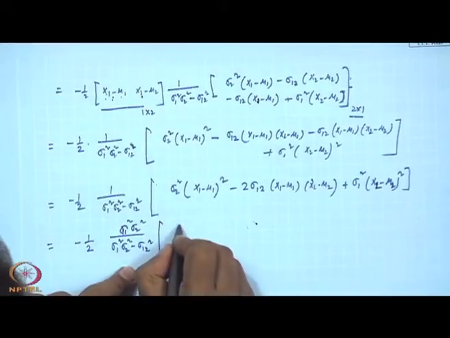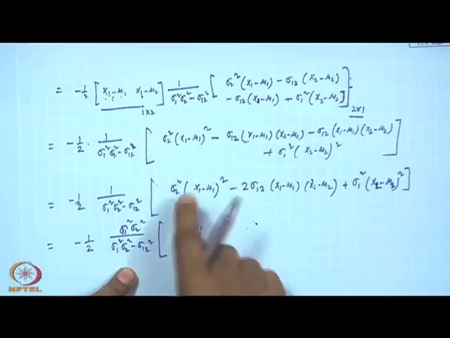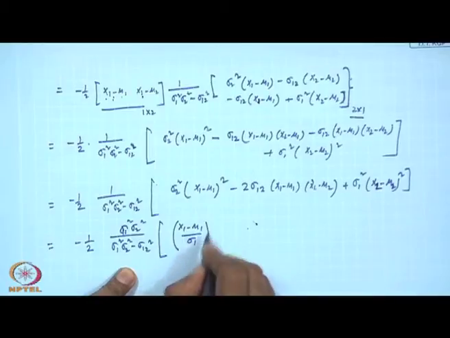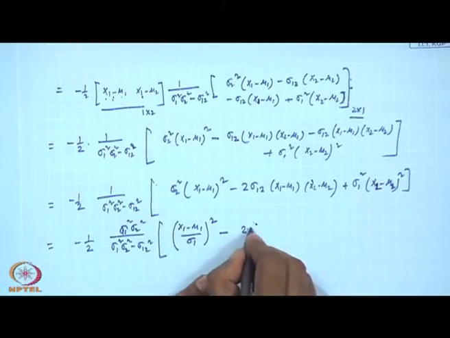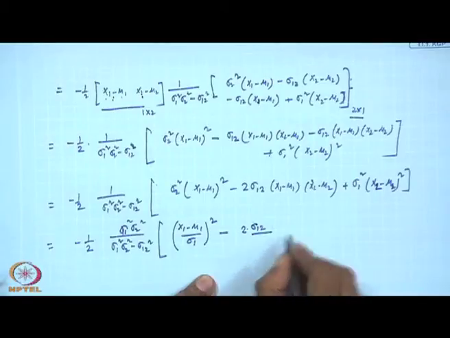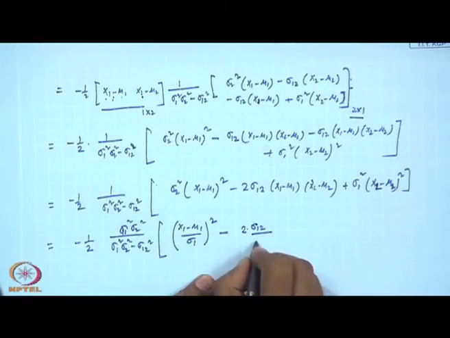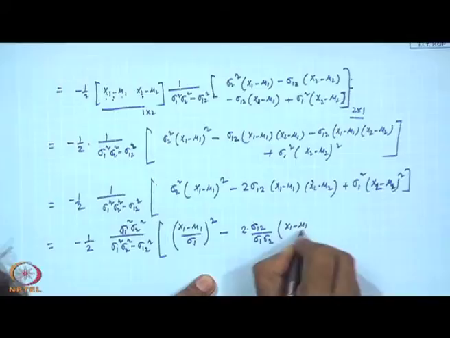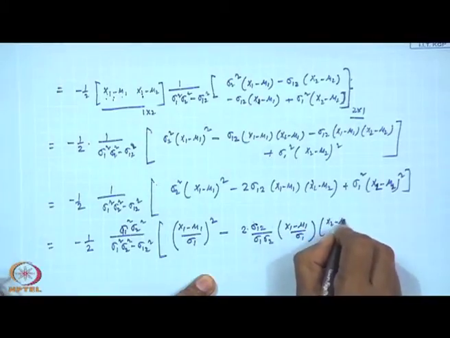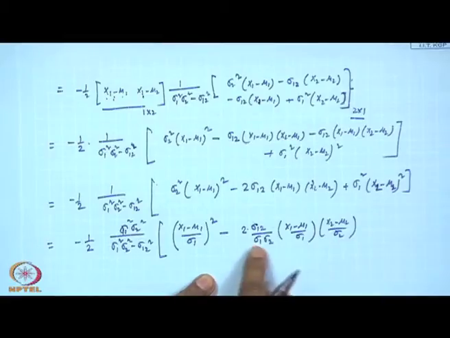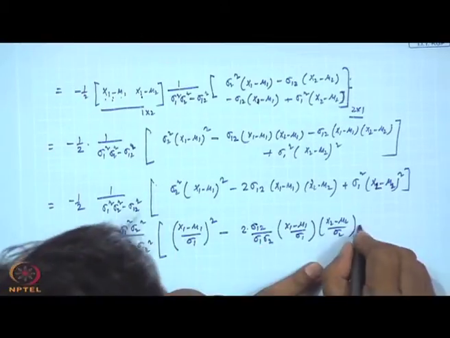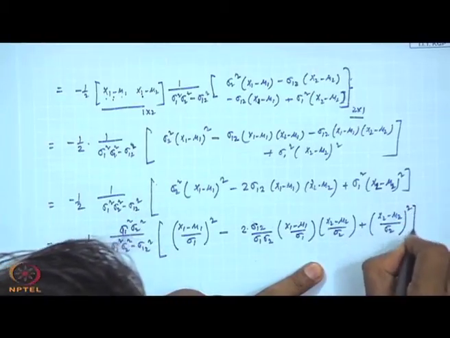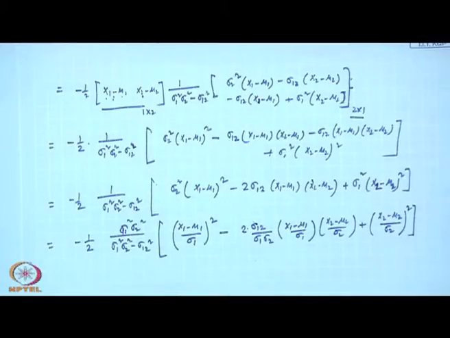Then we get (x1 minus mu1) by sigma 1 whole square, minus 2 sigma 12 divided by sigma 1 and sigma 2, times (x1 minus mu1) by sigma 1 times (x2 minus mu2) by sigma 2, plus (x2 minus mu2) by sigma 2 whole square.